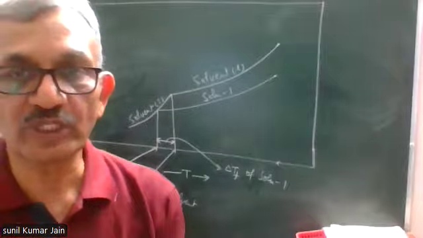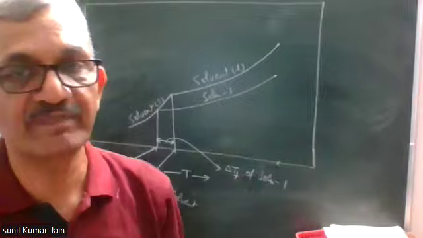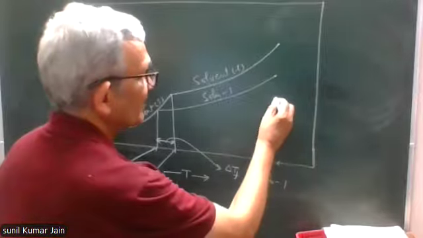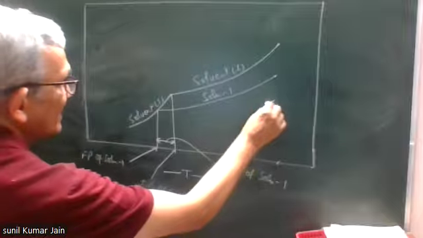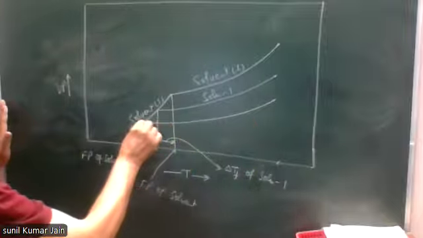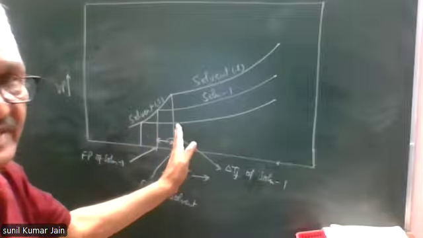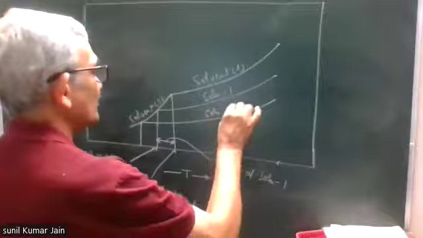Now, to solution number 1, if I add some more solute, that is, I make the solution more concentrated, vapor pressure will further decrease. Now, in this case, when I decrease temperature, you can see this solution will freeze at a still lower temperature. So this is solution number 2.